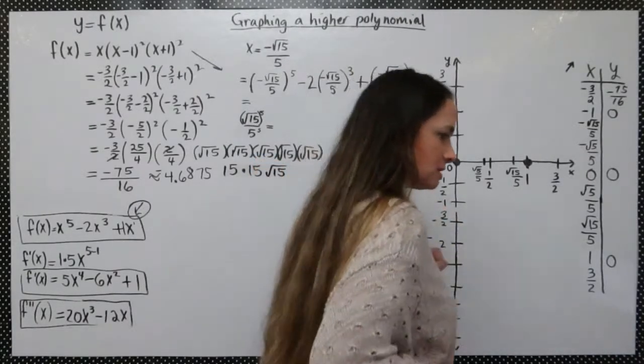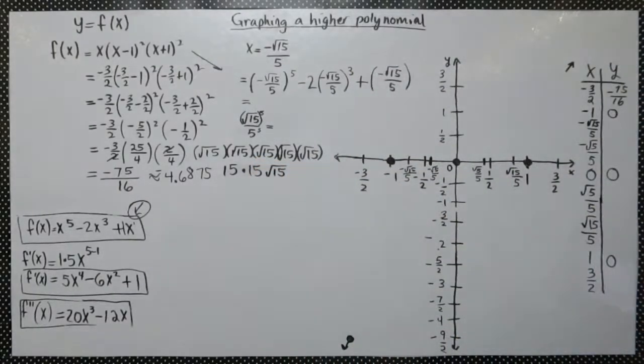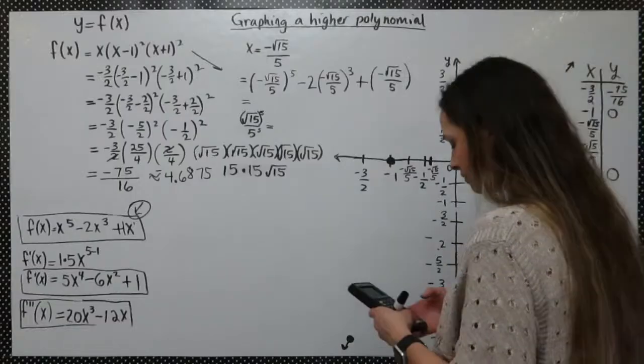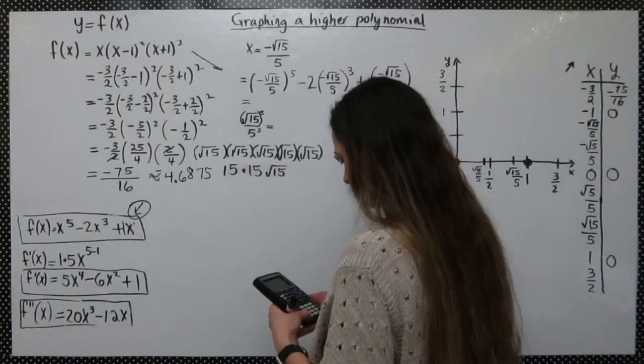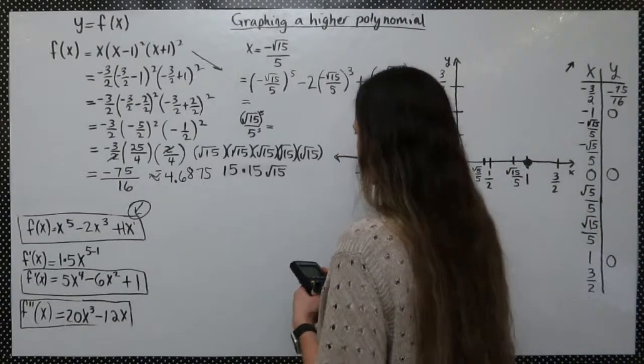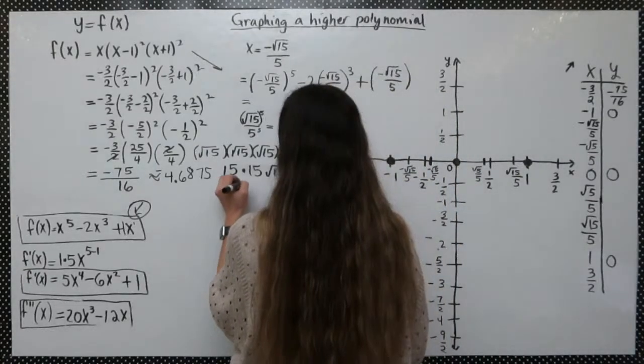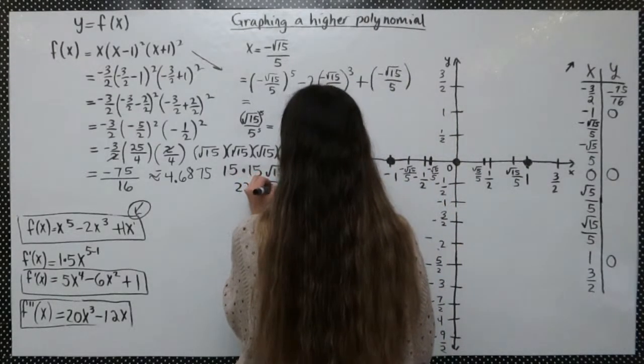I want to see if I did it correctly. We always have to check, right? 15 squared is 225. So 225 radical 15.